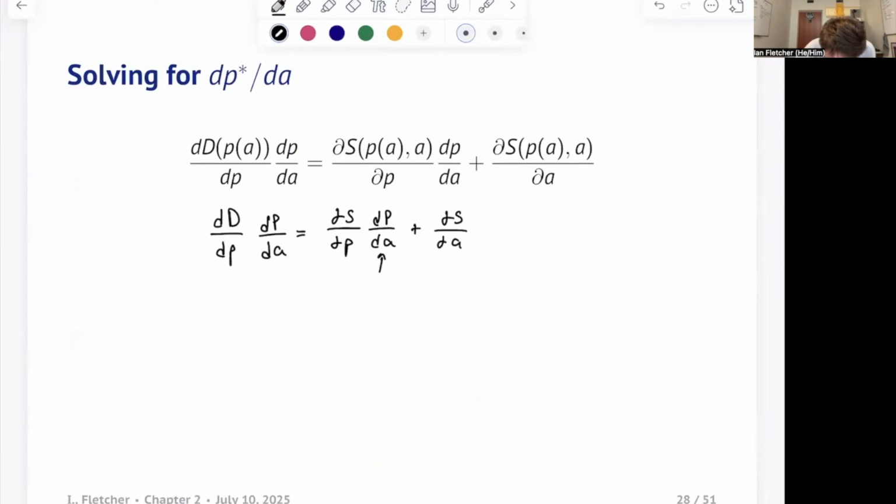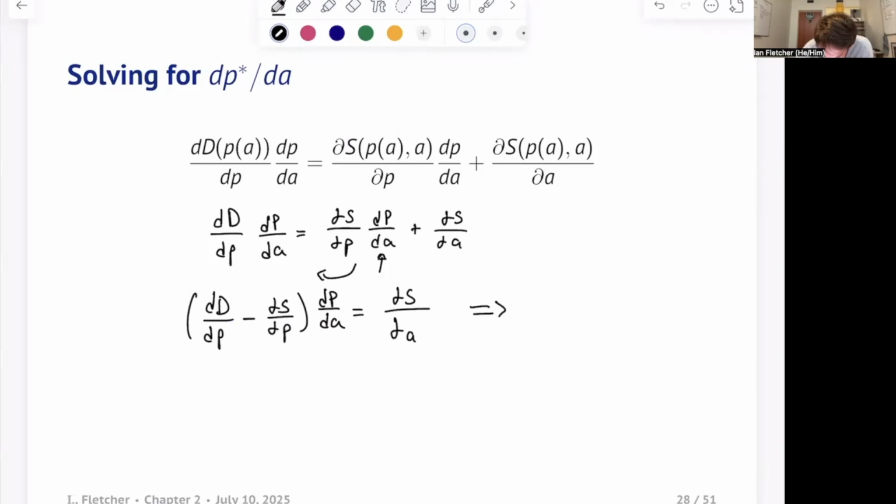Notice that on the right-hand side we do have the partials, but dP/dA is a full derivative. So we subtract this to this side, and we get dD/dP minus the partial of S over partial of P, multiplied by dP/dA, equals the partial of S over the partial of A. Thus dP/dA should equal the partial of S over the partial of A, over dD/dP minus the partial of S over partial of P.